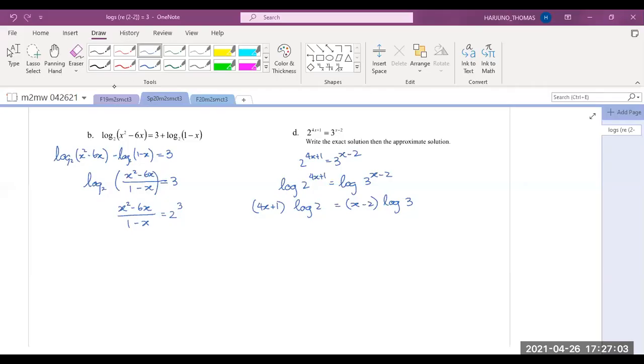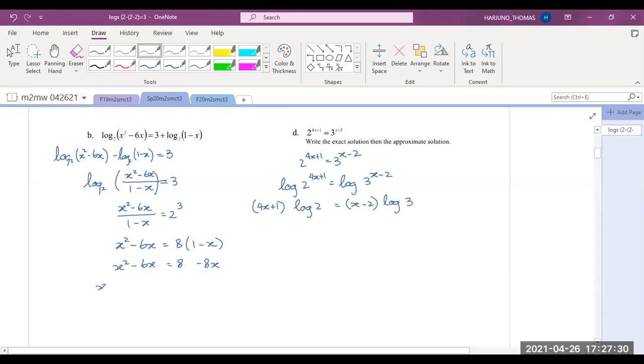Okay, let's start again. That's equals to 8. So this is x squared minus 6x equals to 8 times 1 minus x. I will distribute the right-hand side and move to one side.